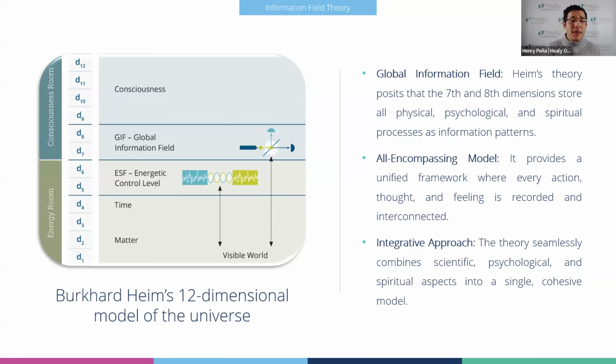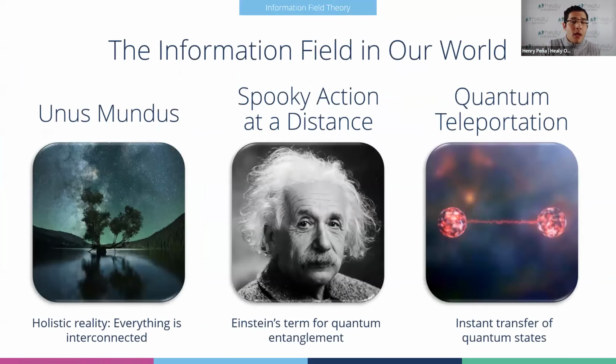So ultimately, this 12-dimensional model that Burkhard Heim created is able to seamlessly combine scientific, philosophical, and spiritual aspects of life into just one single cohesive model. And we will see a little bit more of how this applies in our world in the next slide.